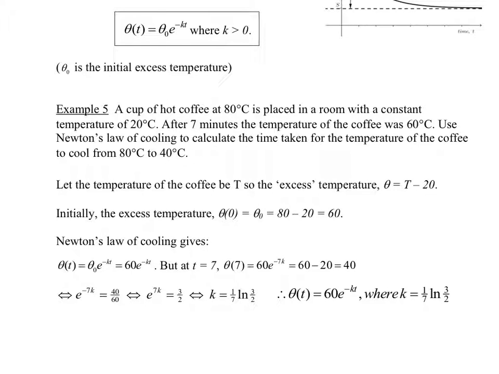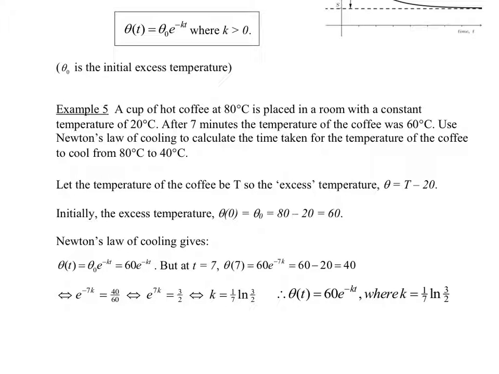Now, the question is asking to calculate the time taken for the temperature to go from 80 to 40. So it's asking what t is when the temperature is equal to 40. When the temperature is equal to 40, the difference between 40 and 20 is 20, so the excess is going to be 20.